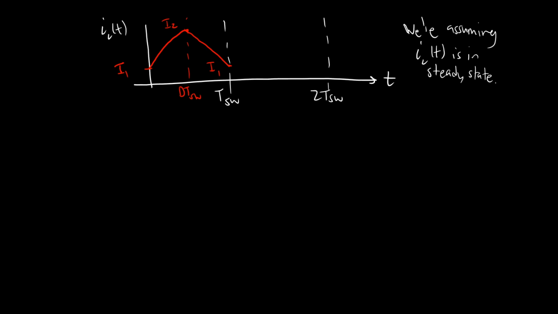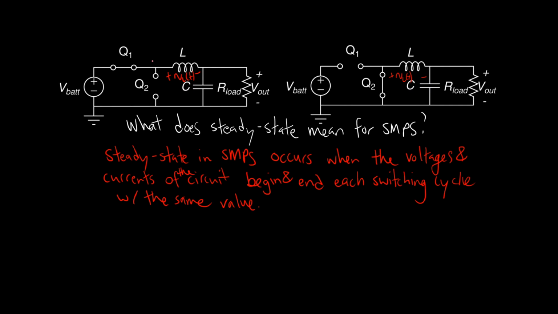And now consider the fact that when we get to the next switching cycle, if we start this again, we have the same initial condition for this state, right? The inductor current is back to the same current it was before. And if you remember something about differential equations, existence and uniqueness or whatever, for some initial condition, if you allow time to evolve for a specific differential equation, it's always going to reach the same values, right?